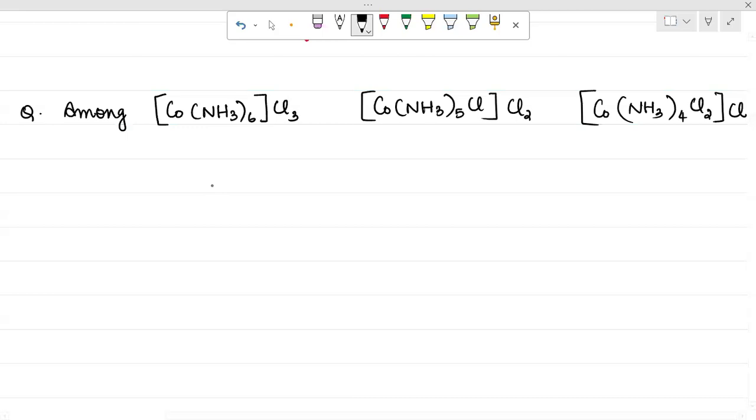What we have to do is we have to predict the molar conductance.